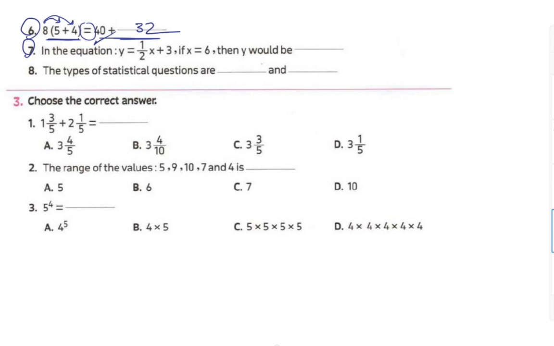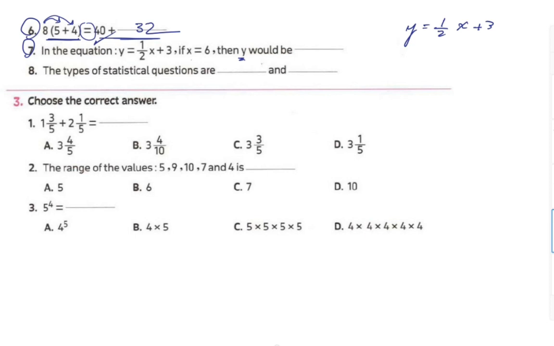Point 7. In the equation y equals half x plus 3, if x equals 6, then y would be what? Now I have the equation y equals half of x, added 3.